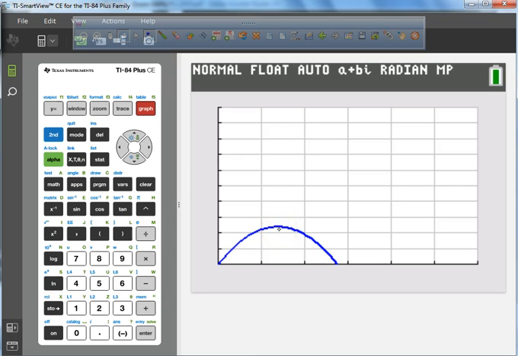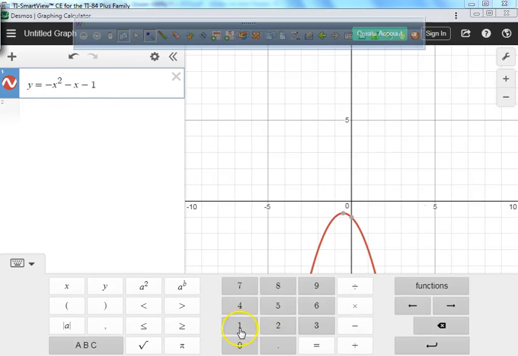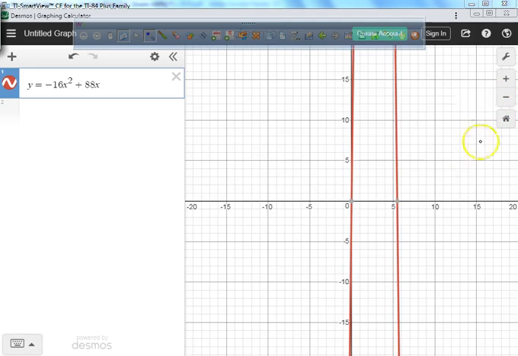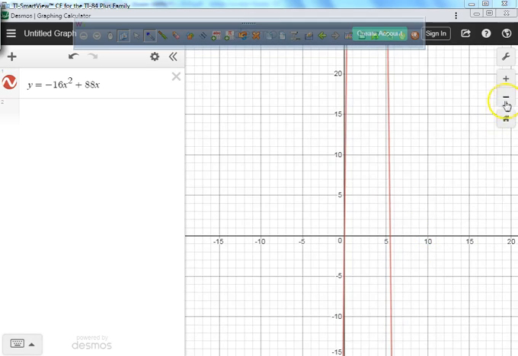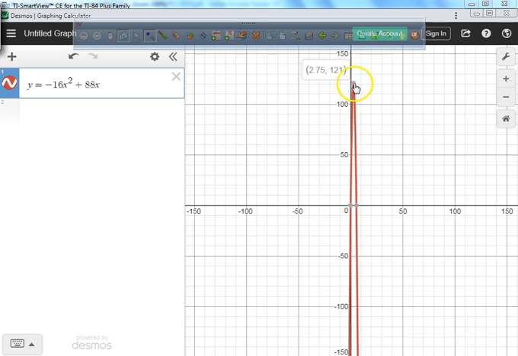Now, if I go to Desmos and do the same thing, okay, I can zoom out. And I can see the vertex pretty easily, right?